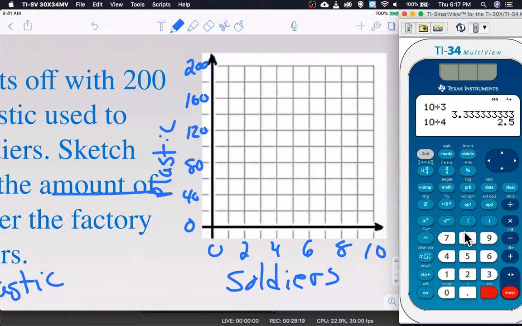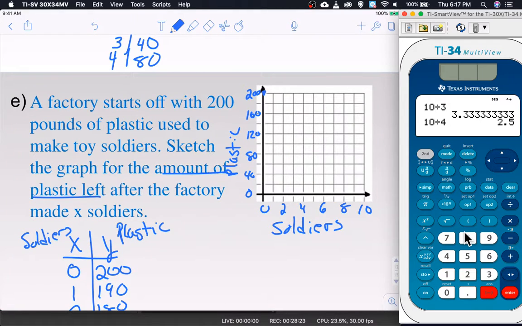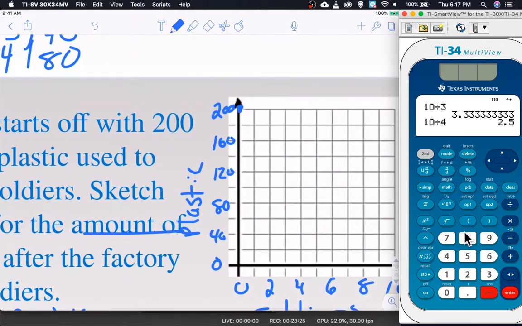And now my dots. 0 soldiers, I have 200 pounds of plastic. 1 soldier, I have 190. 2 soldiers, 180. 3 soldiers, 170. 4 soldiers, 160. And you can kind of see the pattern already. 5 soldiers was 150, and I can keep going. 6 soldiers would be 140, and you know what? I can just draw a straight line through these.